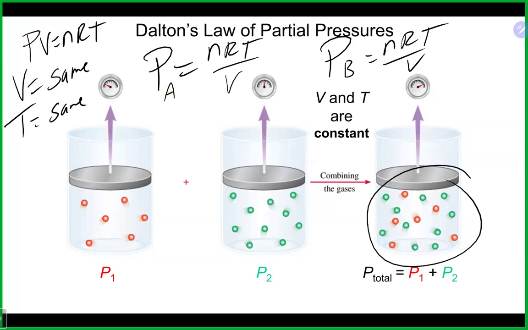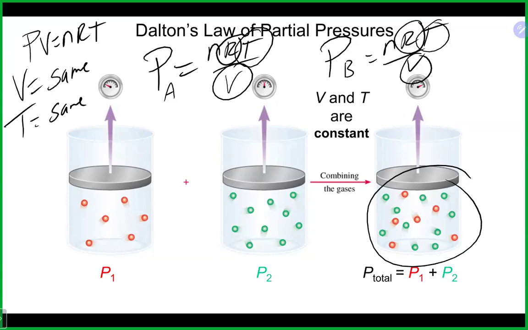So what ends up happening when you're calculating partial pressures is the volume is going to be the same for everybody. R is a constant, which means it's going to be the same for everybody. So the calculation for each gas comes down to the moles. So figure out the moles of each gas you got in there.